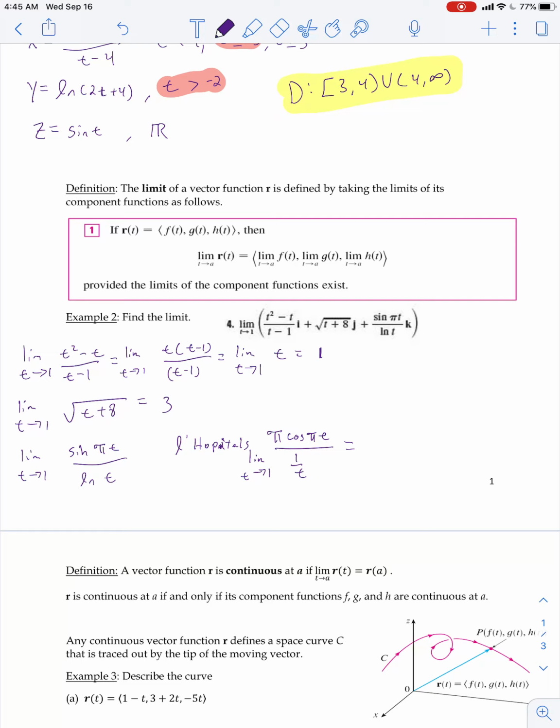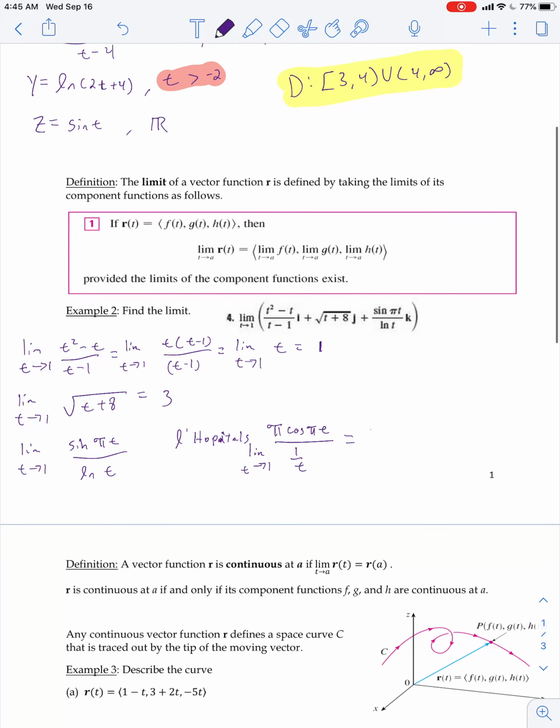And we're going to substitute in our 1. So we get pi times cosine of pi in the numerator. That's going to give us a negative pi. And in the denominator, 1 over 1 is just 1, so then our limit is just negative pi.